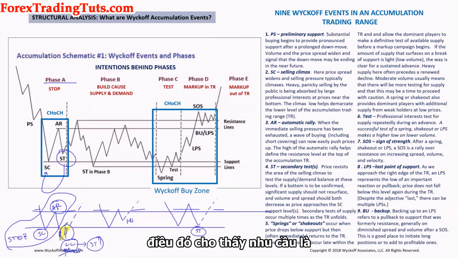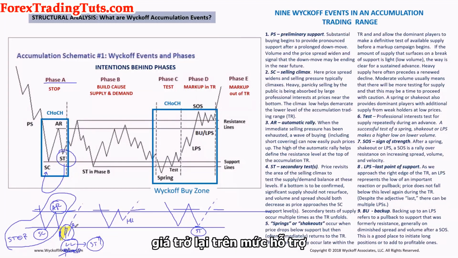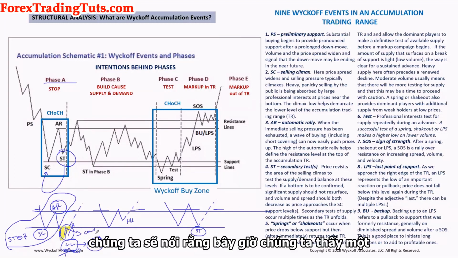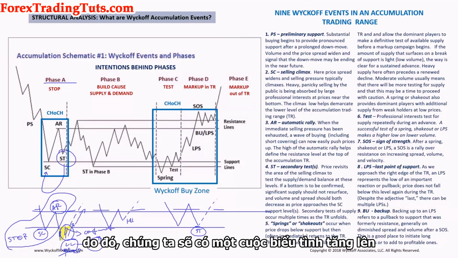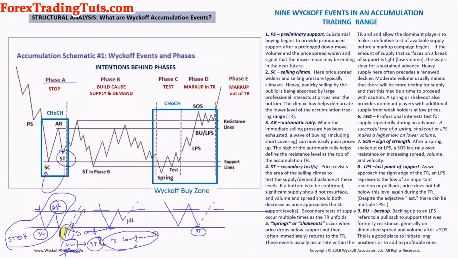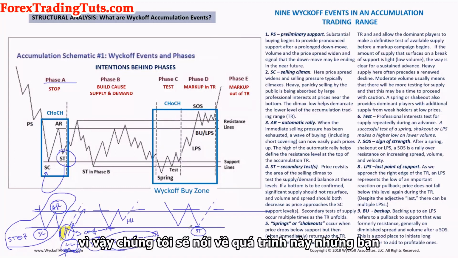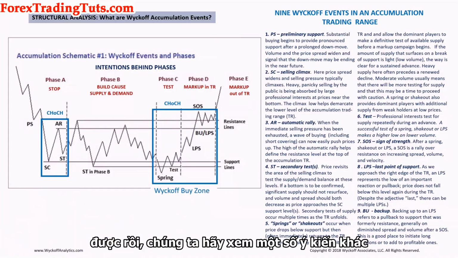That would suggest that demand is actually coming in, and it not only absorbs the supply, it actually pushes the price back above the support level. And that's when we're going to say that now we see a confirmation of the reversal, therefore we're going to have a rally up, therefore the secondary test is confirmed. So we'll talk about this process, but a good question. All right, let's see some other comments here.